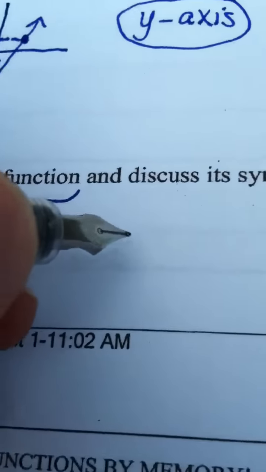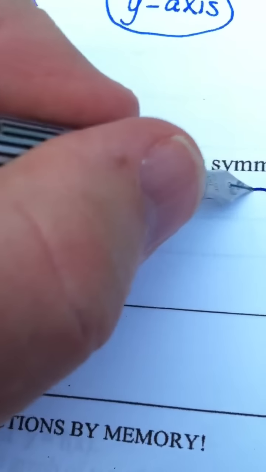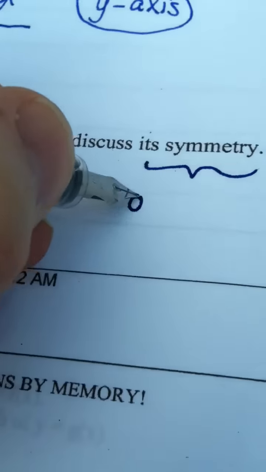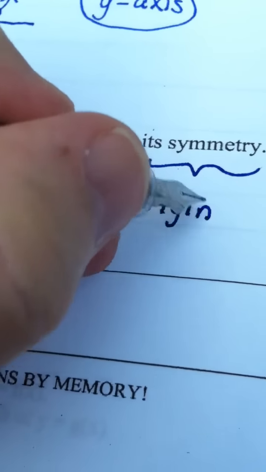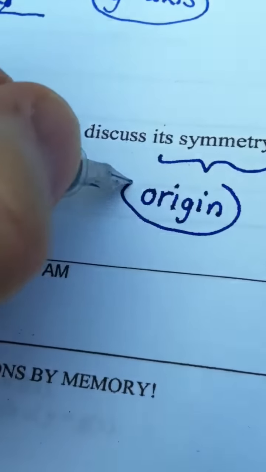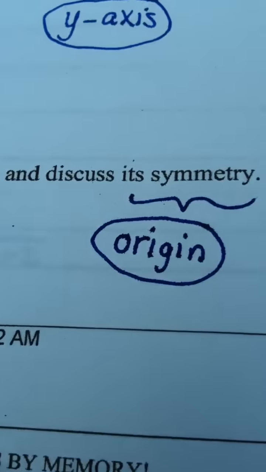So the buddy system is a very informal but yet very good way of determining where you have symmetry. So the reciprocal function is symmetric with respect to the origin. And we're done.